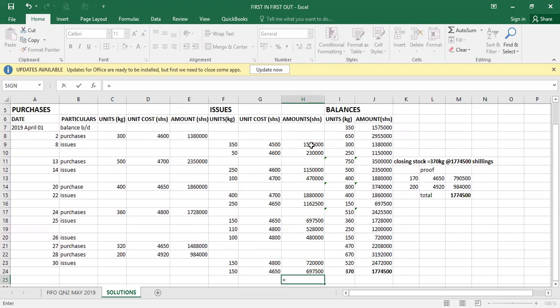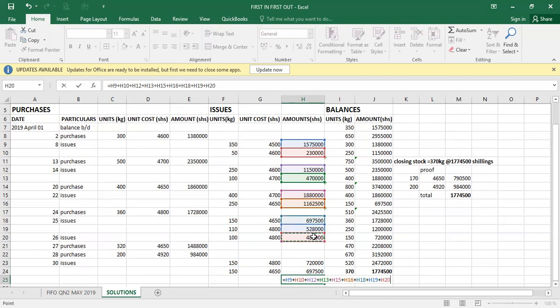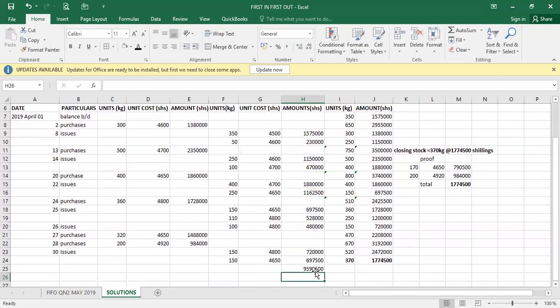It will be this plus this plus this plus this plus this plus this plus this. I'm just doing it manually because I want you to be following what we are doing. Plus that, plus this, plus this last one. Press enter.